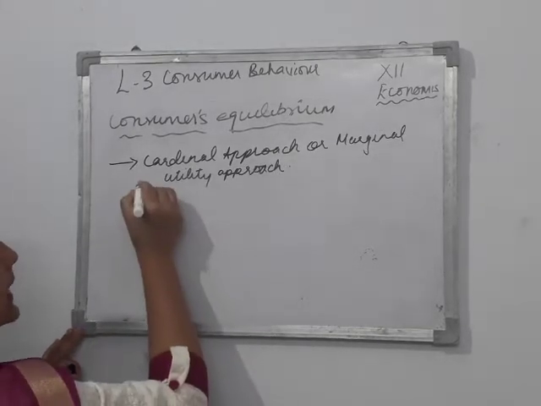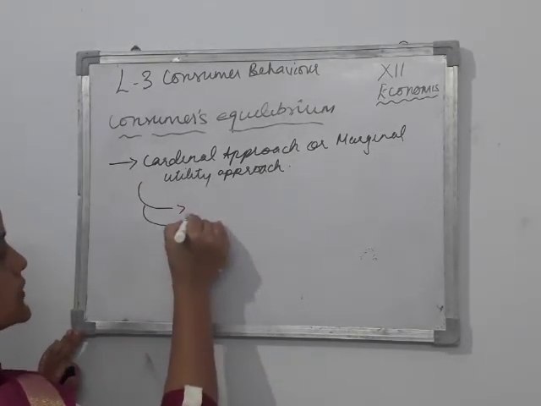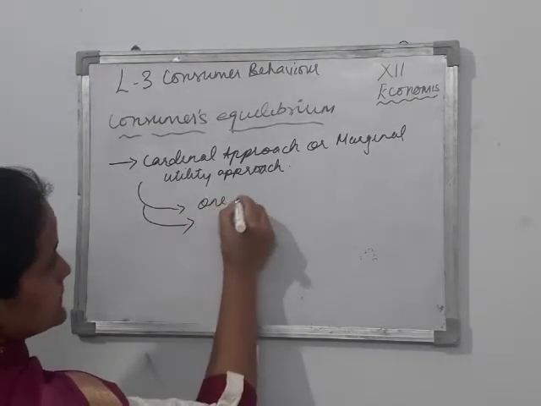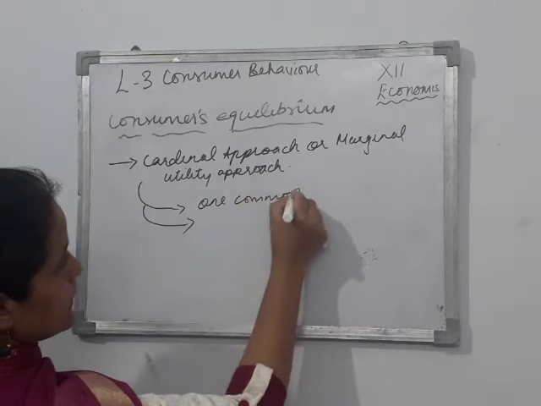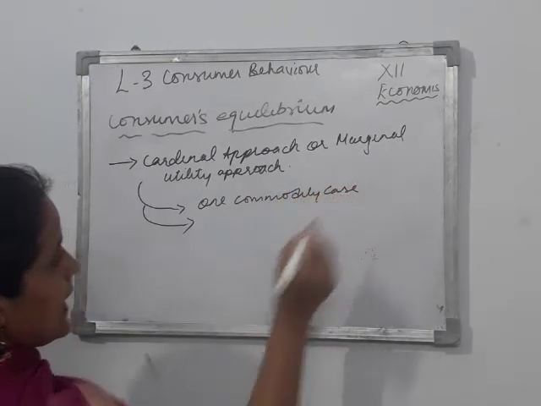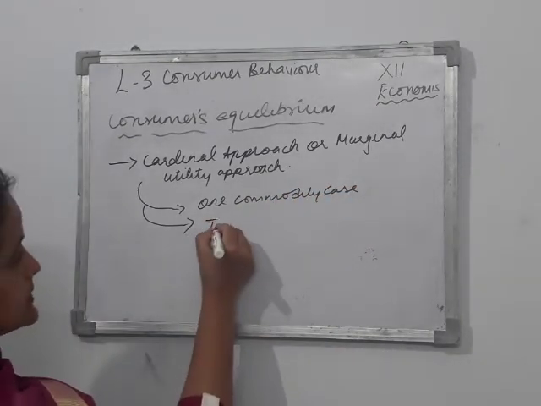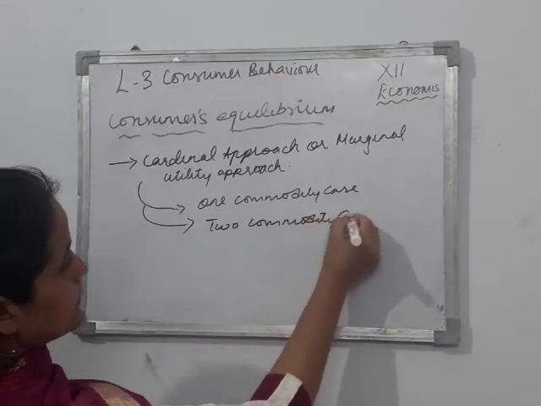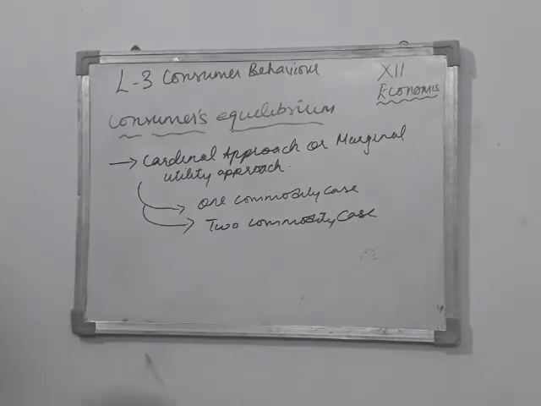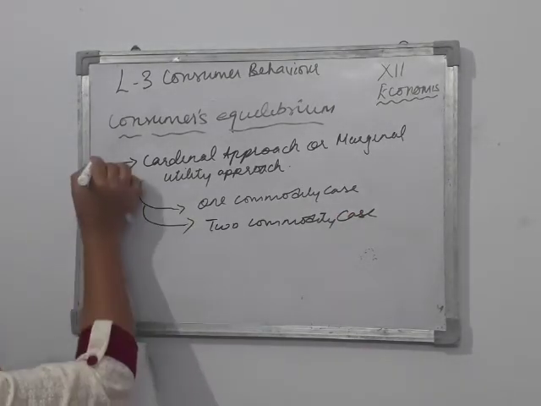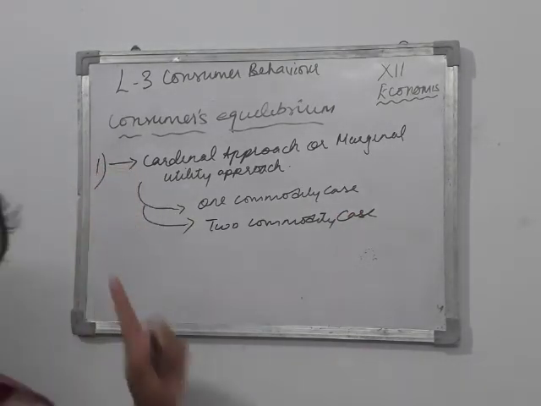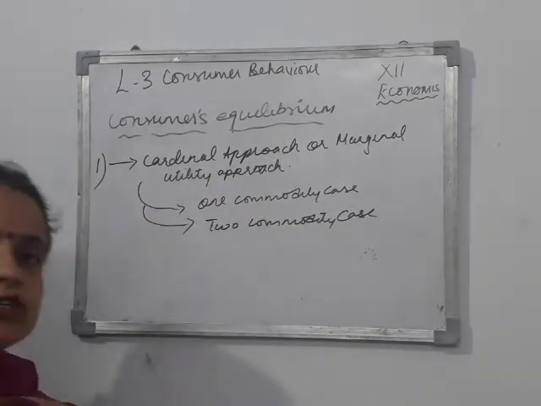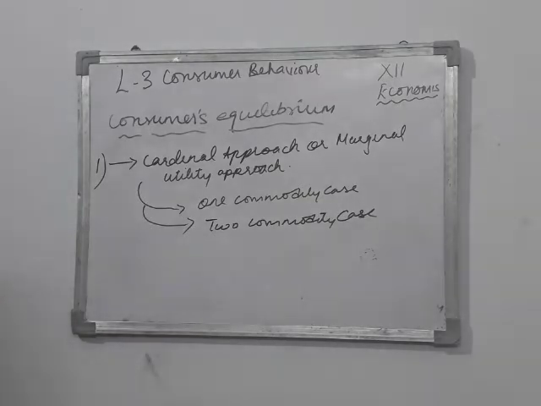And in this again we have two ways of reading consumers equilibrium, that is one commodity case and the another one is two commodity case. This is your first approach of reading consumers equilibrium, and the name of the approach is cardinal approach, which is also known as marginal utility approach.